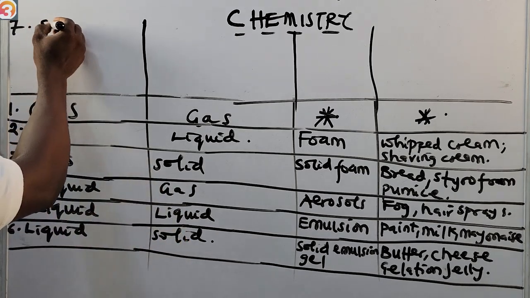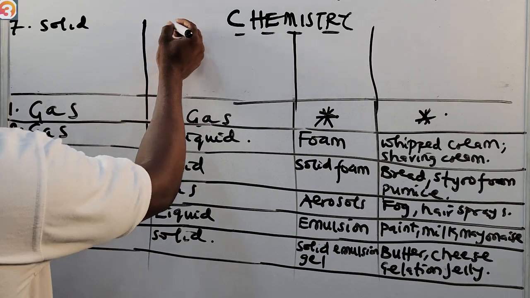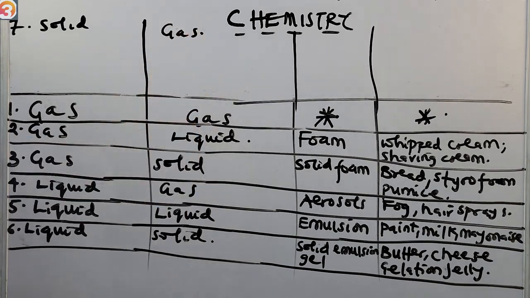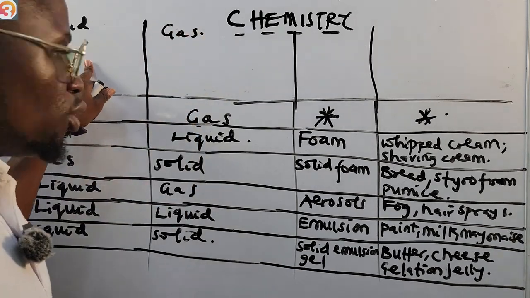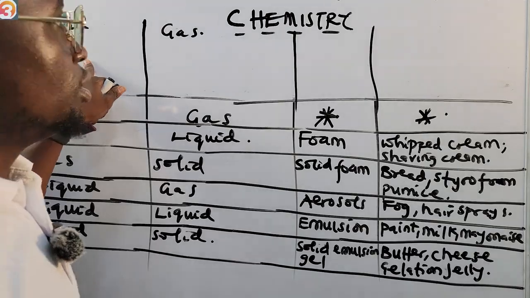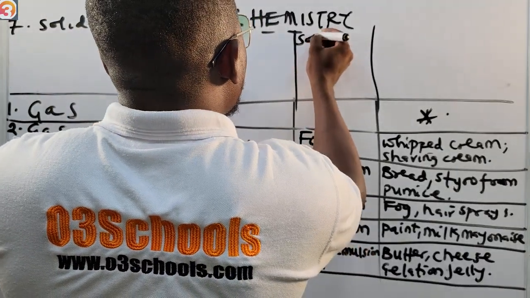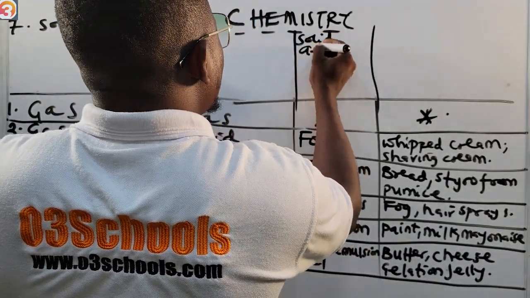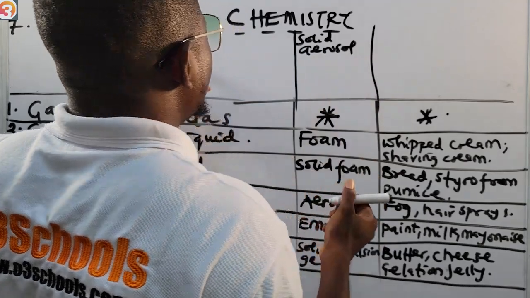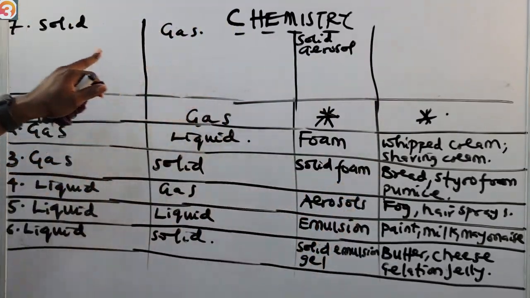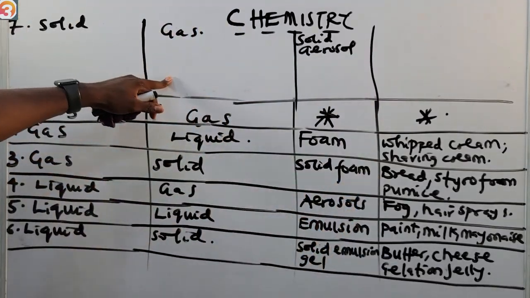We have solid, then we have gas. Solid gas colloidal system is the one we call solid aerosol. This solid aerosol is the name of solid gas colloidal system.